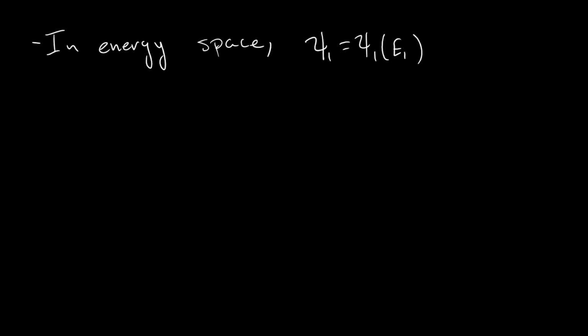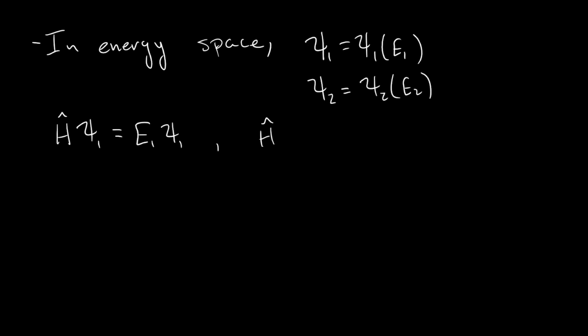And I'll add another function as well, psi 2 of some different energy, E2. So that when I act with my Hamiltonian operator on psi 1, I get E1 times psi 1. And when I act on psi 2, I get E2 times psi 2. Okay?